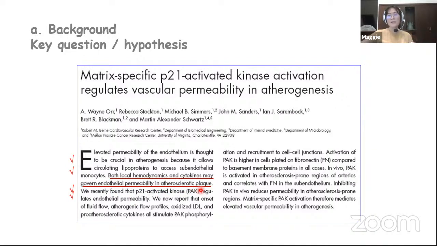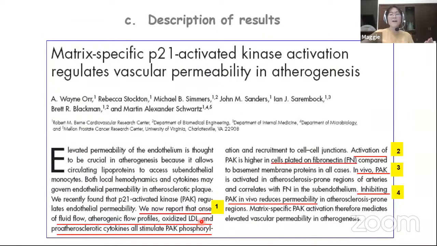What's known in this field? And next, what they have done. We recently found that P21 activated kinase regulates endothelium permeability. That's their previous study. Then they have their new hypothesis. And now they have key findings, including first, onset of atherogenic flow profiles, oxidized LDL, and proatherosclerotic cytokines stimulate PAK phosphorylation and recruit it to cell-to-cell junctions.